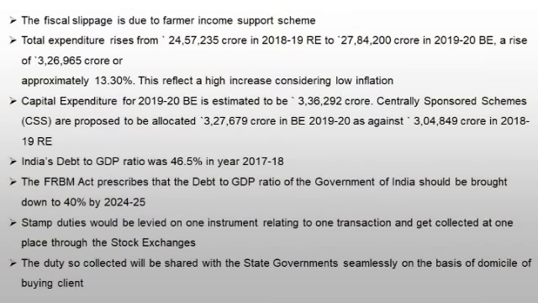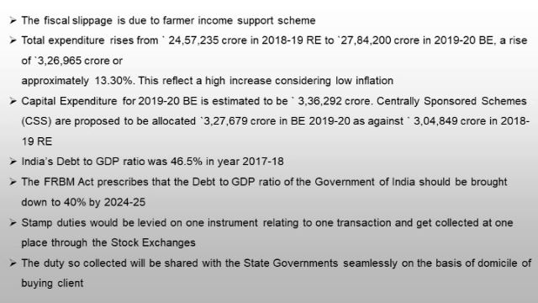Then the government is giving the explanation. The fiscal slippage is due to farmers' income support. And the total expenditure has risen by almost 13.3%. And the government is arguing it is considering low inflation.